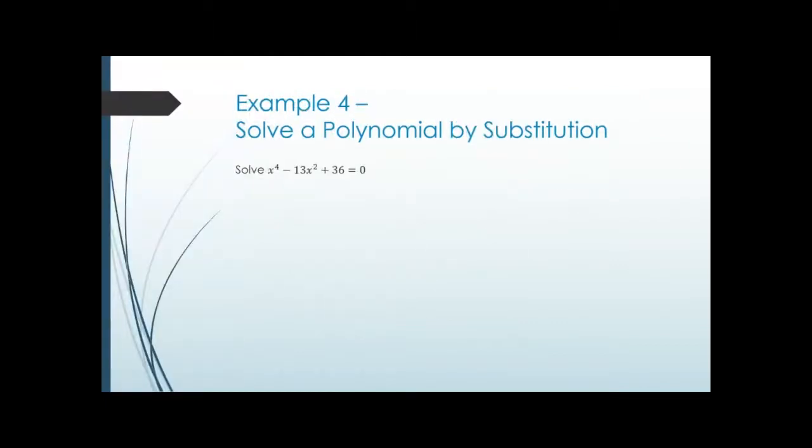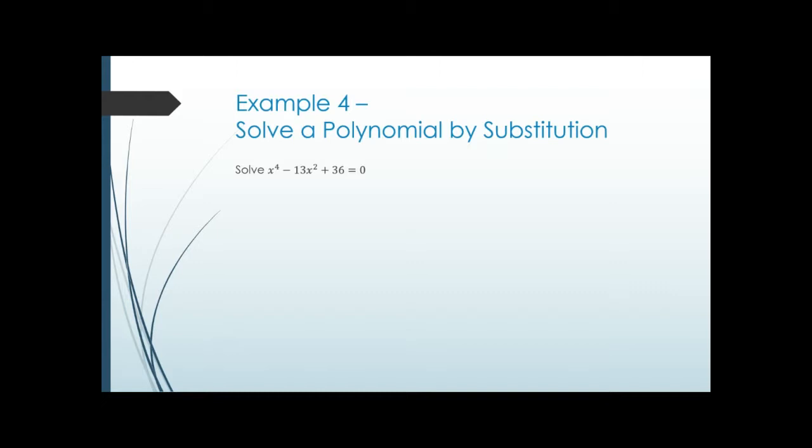So here's an example where I can't use any of the other methods. There's no greatest common factor to factor out of this. That's 3 terms, so I can't factor by grouping. And because I have 3 terms, I can't solve by taking roots either.